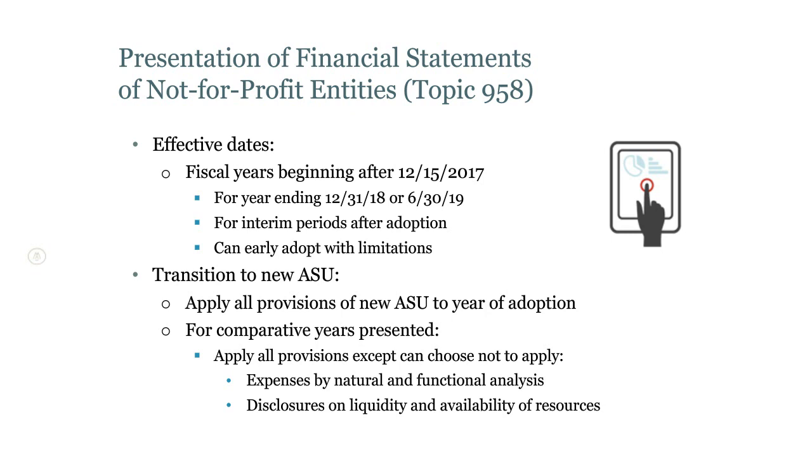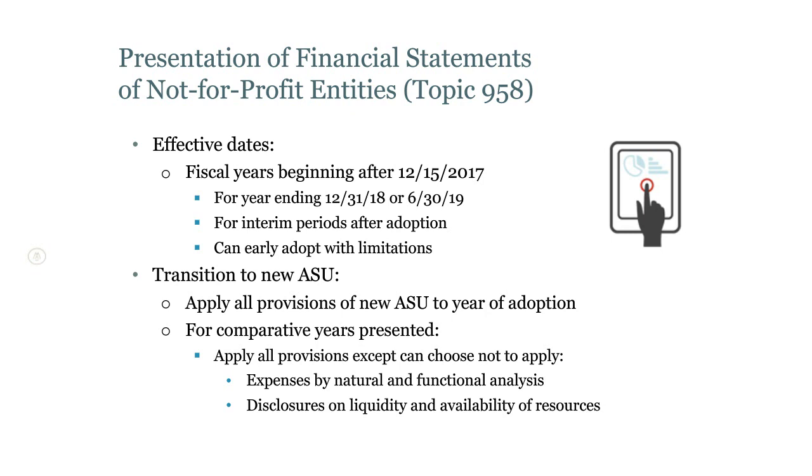That's accepted, but there are some things that you don't necessarily have to present for comparative periods. You need to apply all the provisions, so you can't choose to do just the net asset piece and think about the liquidity piece later. If you're going to early adopt this, you need to adopt all provisions. But for comparative purposes, if you're showing comparative financial statements, you can choose not to adopt the expenses.